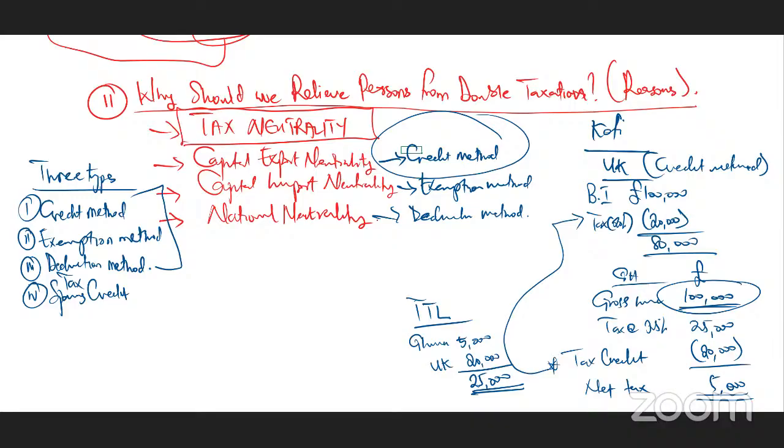So that is what we call capital export neutrality, because if he never left Ghana, he would have made 100,000 and paid 25,000, right? No credit. Now he left Ghana, went to pay tax of 20, and because of that, he's only paying 5 in addition, meaning that because of the credit method, this guy ended up paying 25,000 as if he was only in Ghana. Did that make sense?